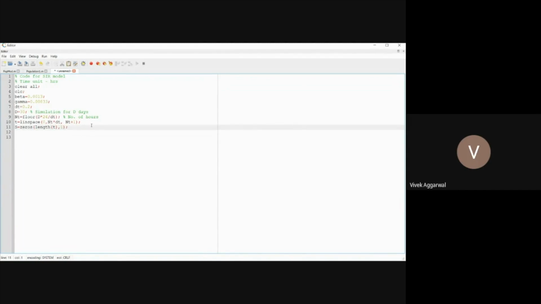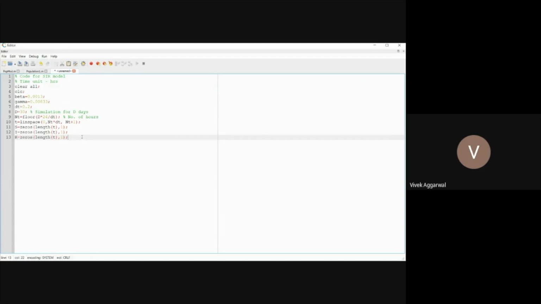The same thing I can copy from here, Control C, Control V. So S, and then I, and then R. So this I have defined.